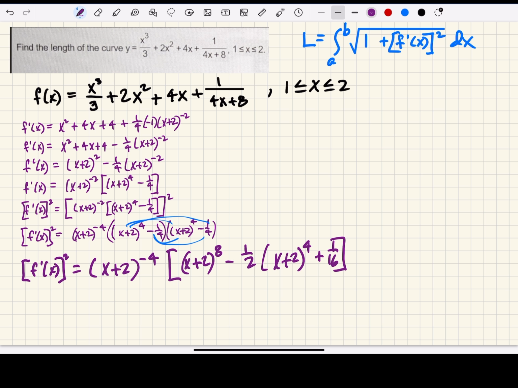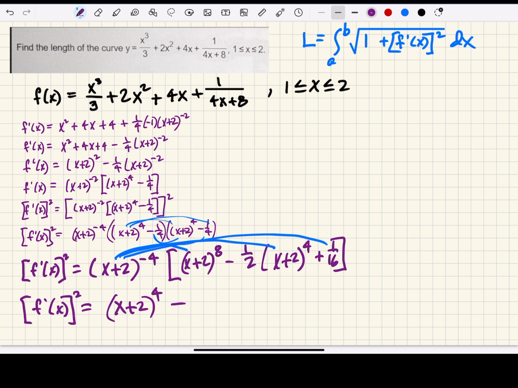Now, if we were to distribute our first factor through these three terms, what we would wind up with is the square of the first derivative equal to x plus 2 to the 4th. When we multiply with like bases, we add exponents.